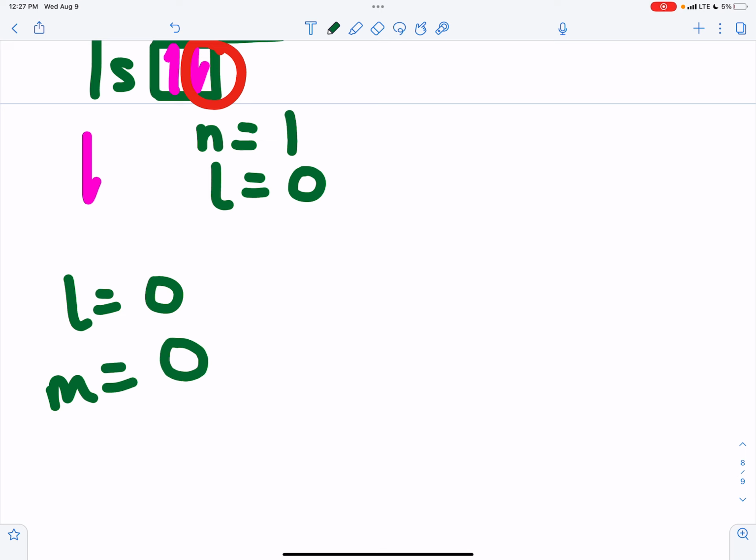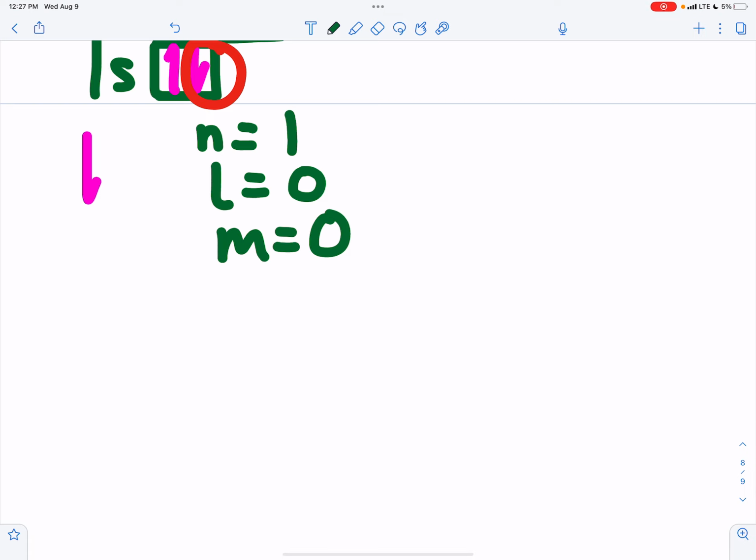So the possible value of M when L is 0 is only 0. So M is also 0. But S is going to be minus half because the electron is spinning anti-clockwise.